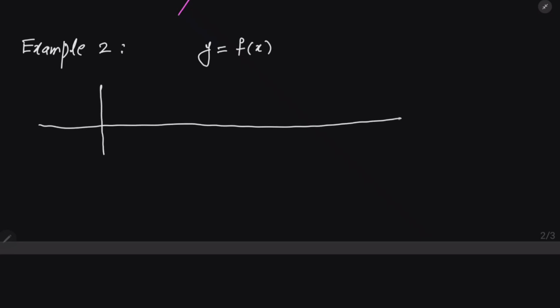Example 2. Suppose we have some random function y is equal to f of x, and the table of that y is equal to f of x is x: 1, 2, 3, 4, and 5, and f of x is 3, 4.5, 7, 10.5, and 15.